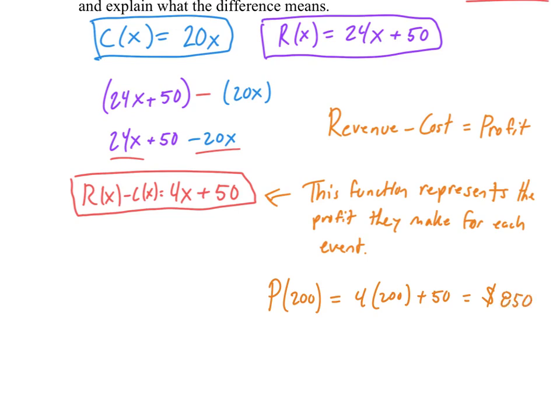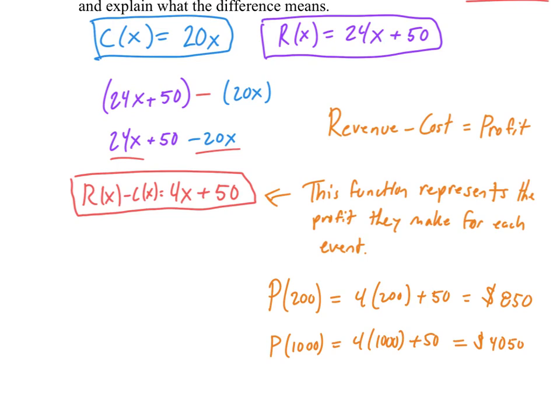And then say that they go and they cover the state high school football game and championship, right? And so they make videos for that, and they sell 1,000 videos. So for that event, 4 times 1,000 plus 50, so 4,000 plus 50, so 4,050.